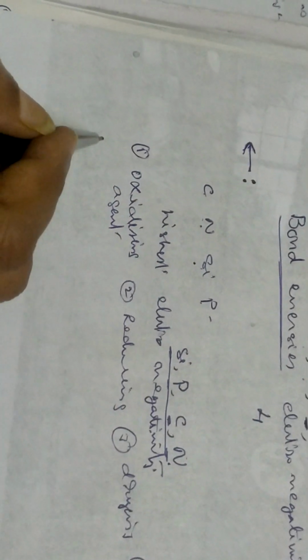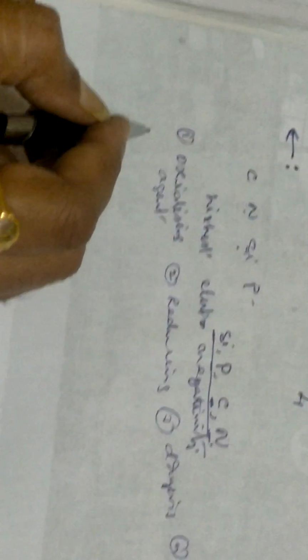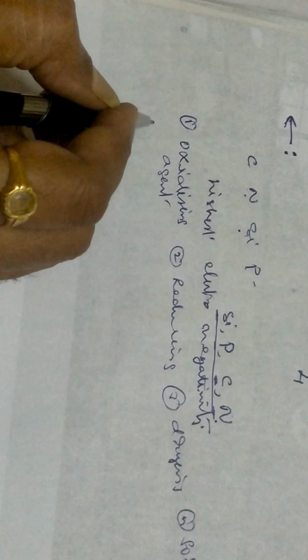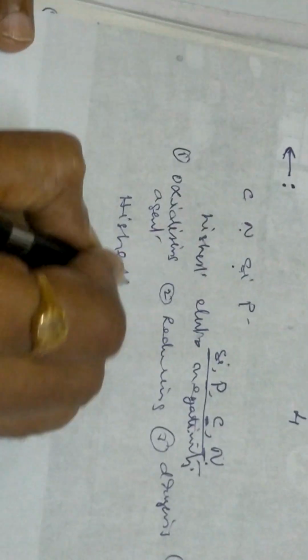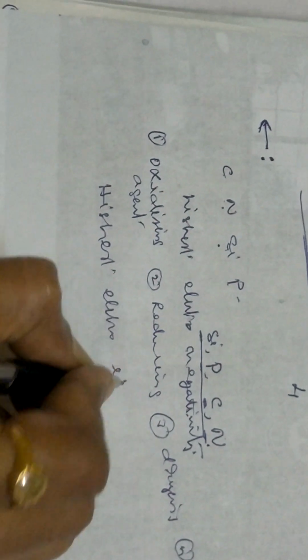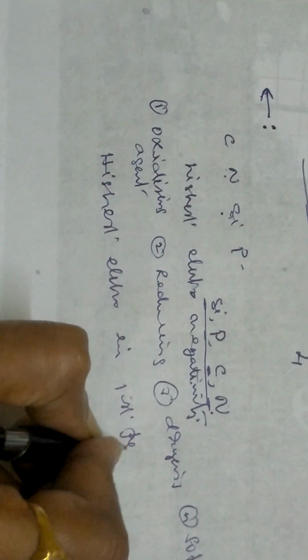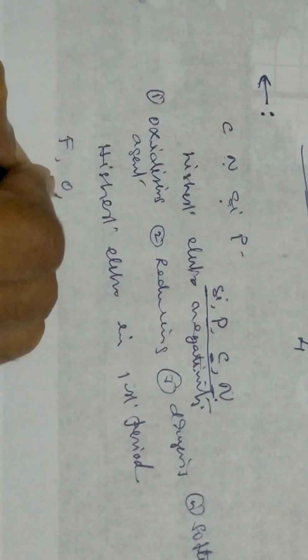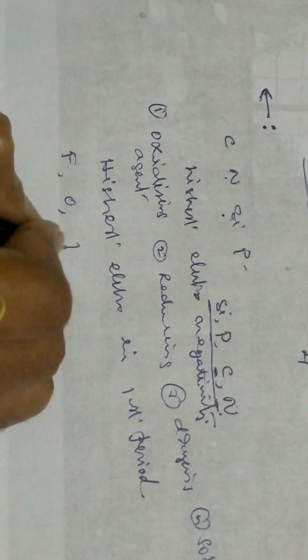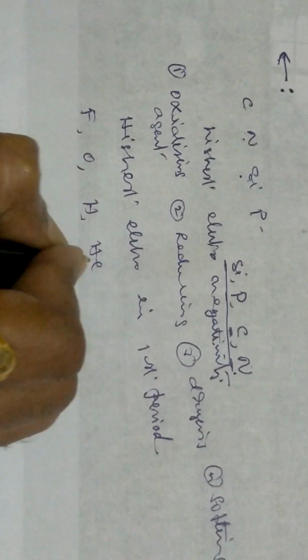A confusing question: the highest electronegativity in the first period. The options are fluorine, oxygen, hydrogen, helium.